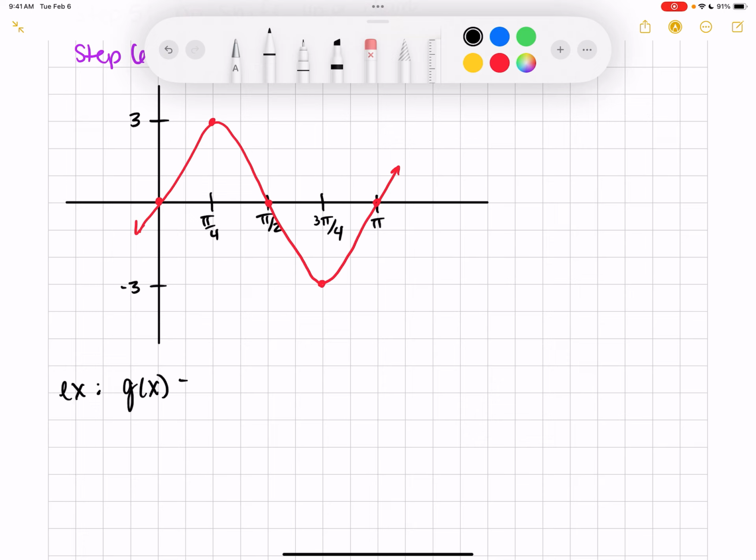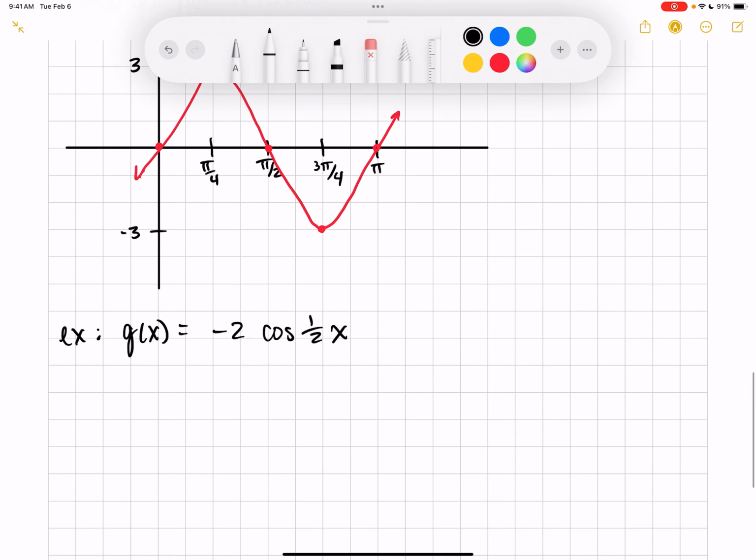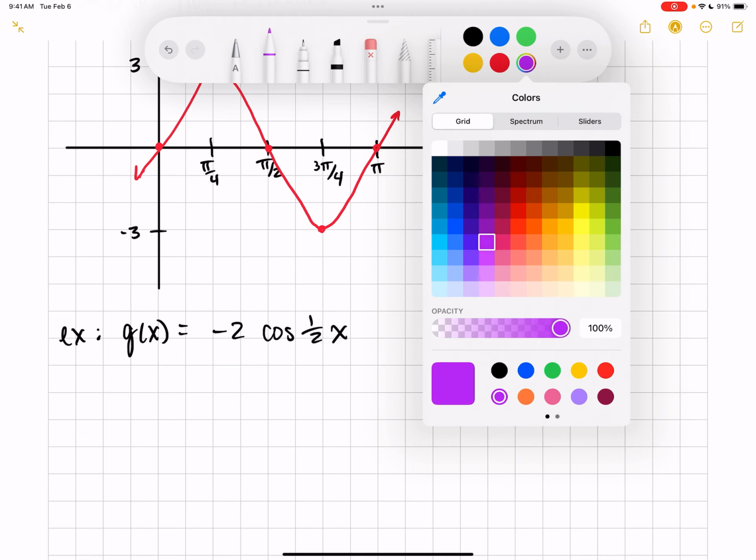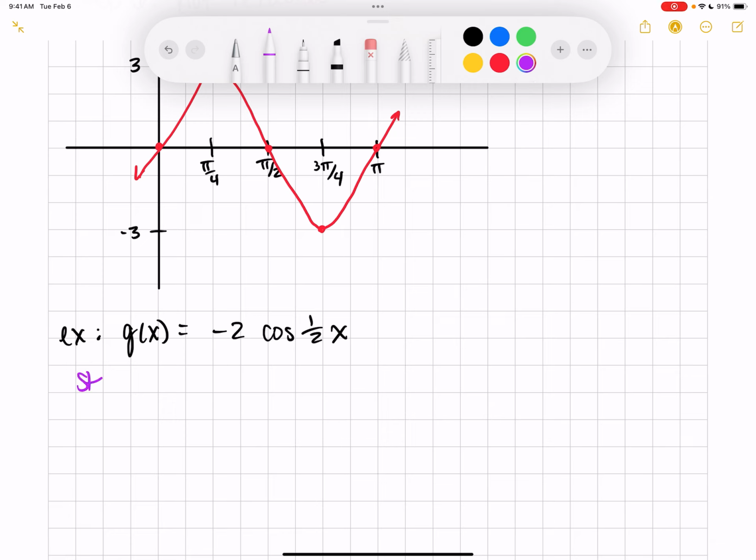g of x is equal to negative 2 cosine of 1/2 x. So, again, step 1, amplitude is what? Nope. Amplitude has to be what? Positive.